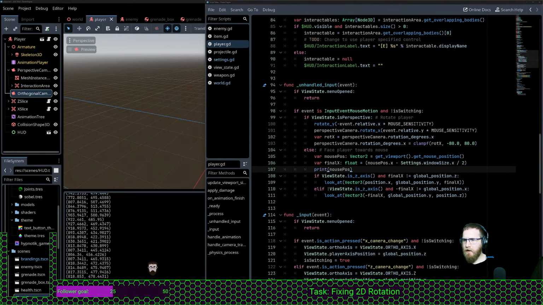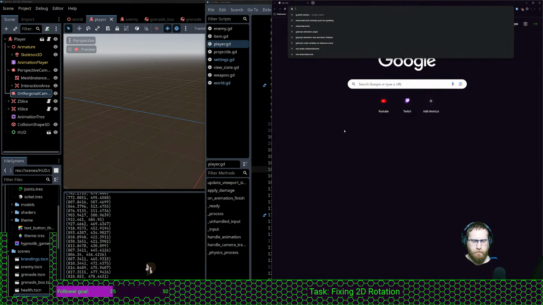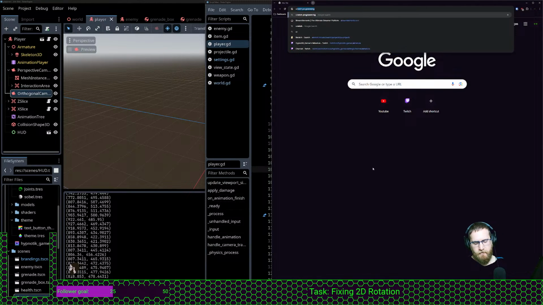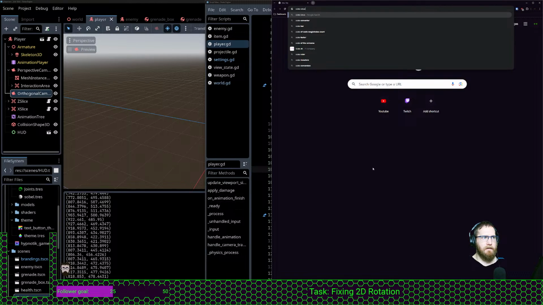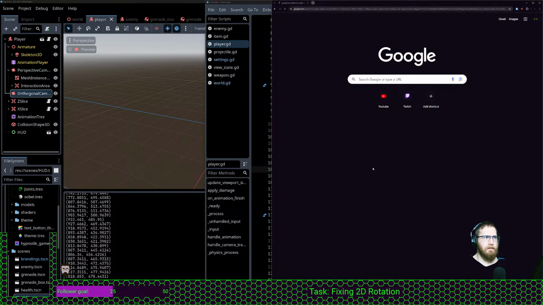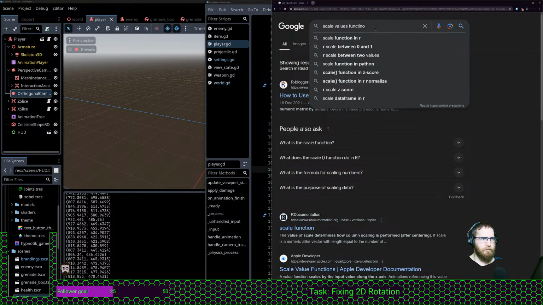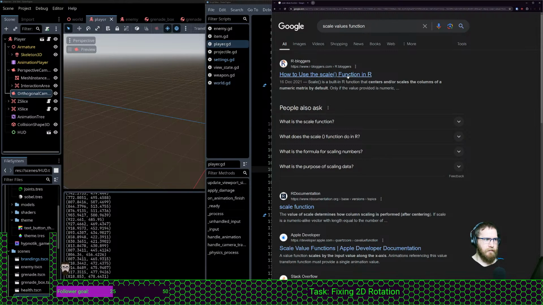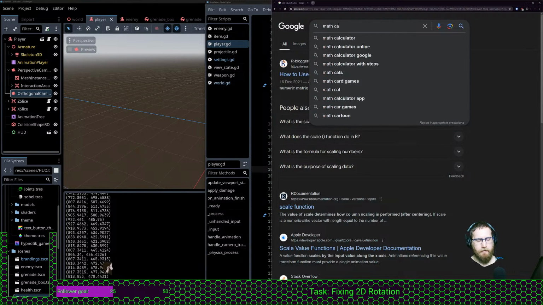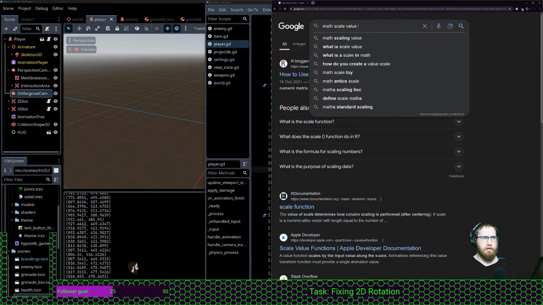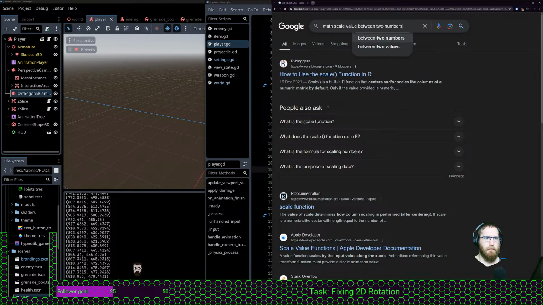So, I know there's a function you can use in math to scale something within values. Math scale value between two numbers.